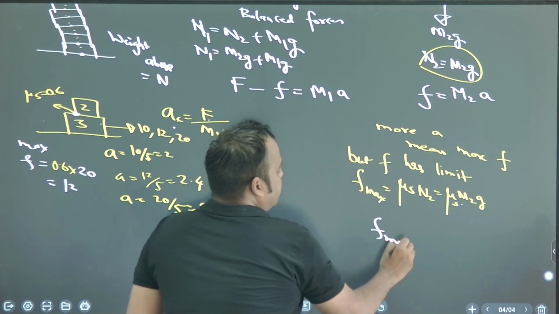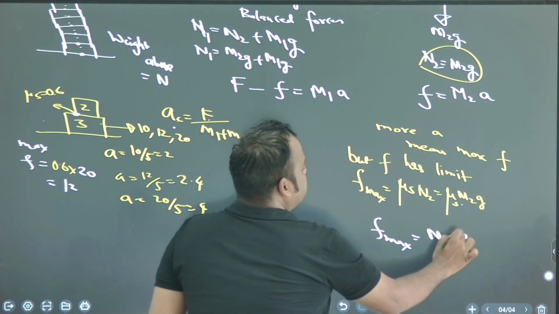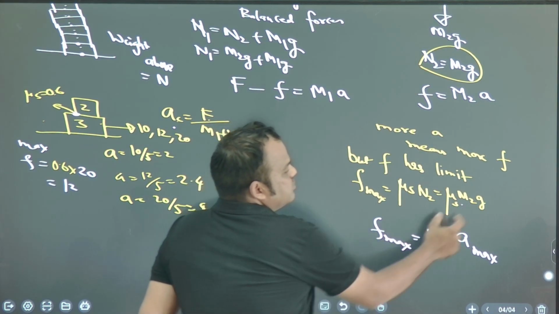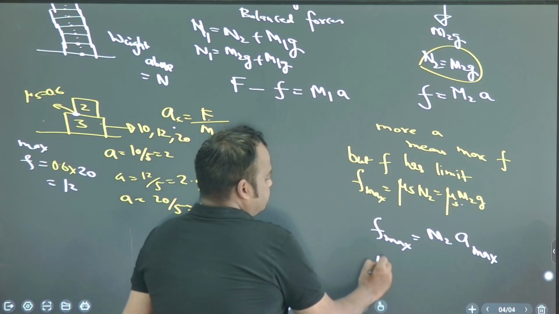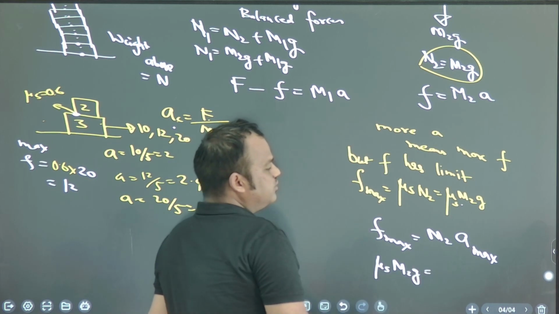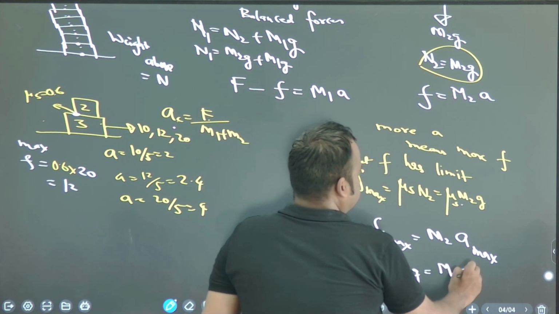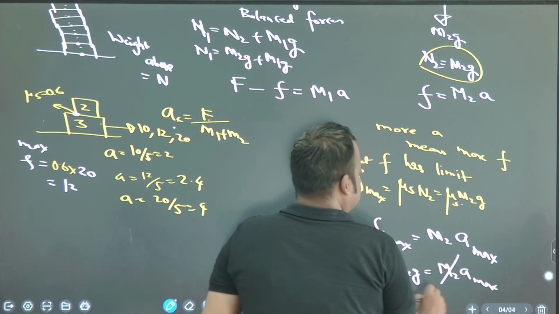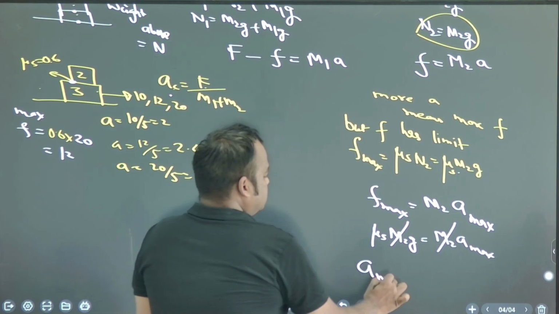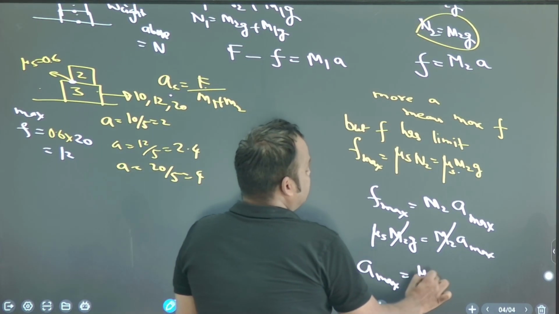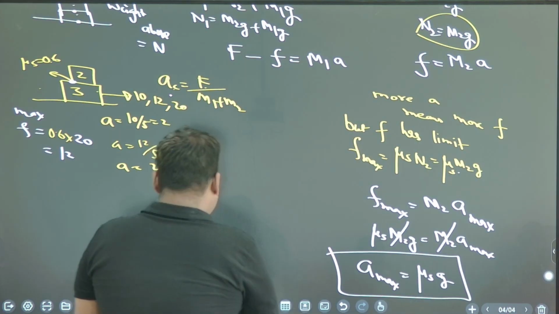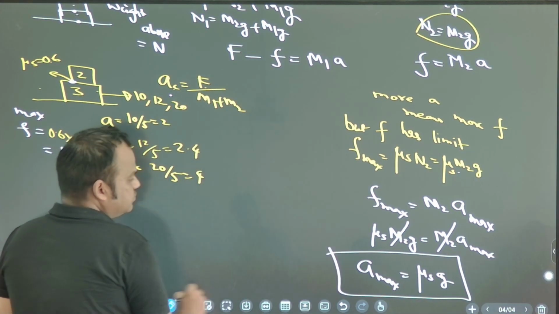So F max is equal to m2 a max. So mu s m2g is equal to m2 into a max. So m2 m2 cancel. So what is the value of a max? Mu s g. Note down. So this is maximum common acceleration.